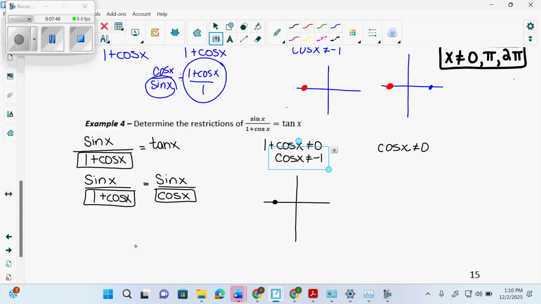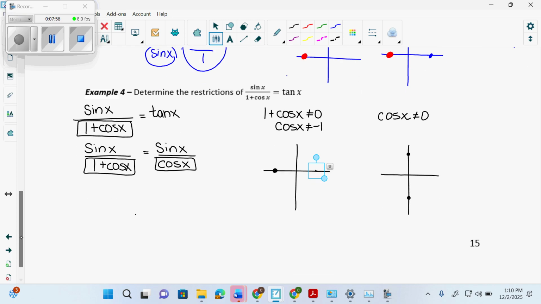Where does cos x equal 0? 90 and 270. Can I lump these together? No. Because if I did 90 plus n, I would actually get this one as well, and that's not a solution, correct? On either of them. So I have to do them separately. I have to say x can't equal, I'm going to do this in radians.